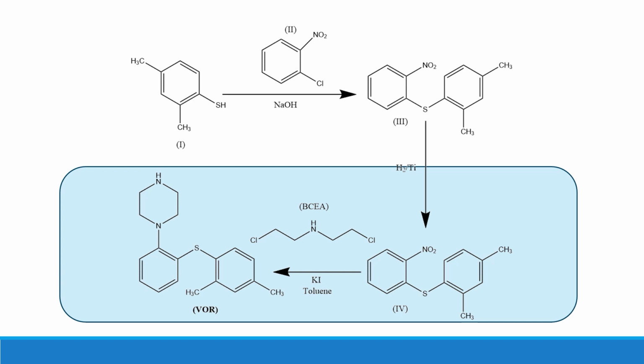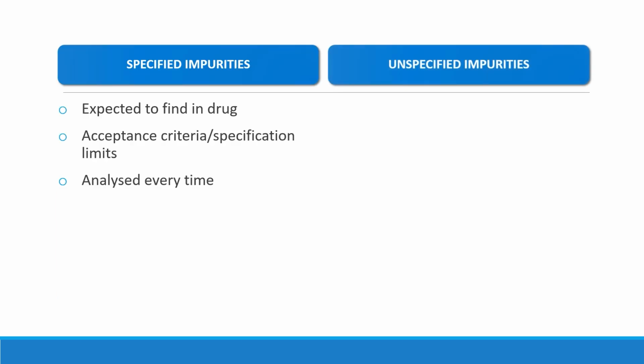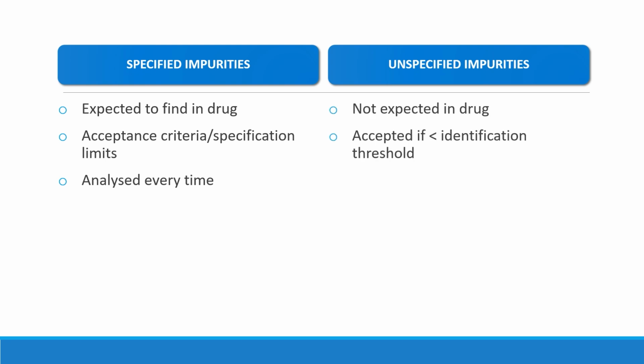analyzed every time. On the other hand, unspecified impurities are impurities which you do not expect to see in your batches. Their structure and potential origin might be known, but due to the particulars of the manufacturing process or the formulation or packaging and storage conditions, you do not expect to see them.